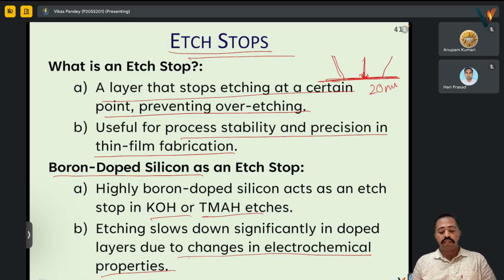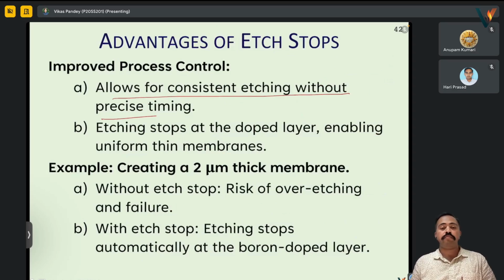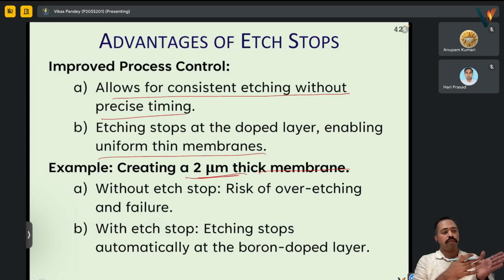Why are these used? They allow for consistent etching without precise timing. So here we don't have to worry about time. We don't have to take it out at a specific time. And we are able to make uniform thin membranes. Since the etching will be at the same level, like we want the etching to give say a 2 micrometer thin membrane, there can be a risk of over etching, and we might get somewhere 1 micron, somewhere 1.5, somewhere 2.